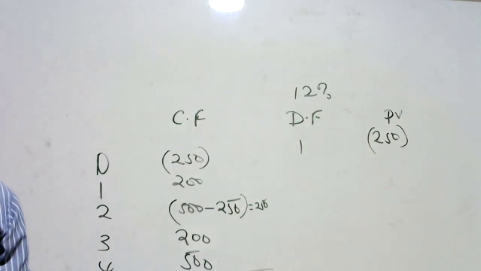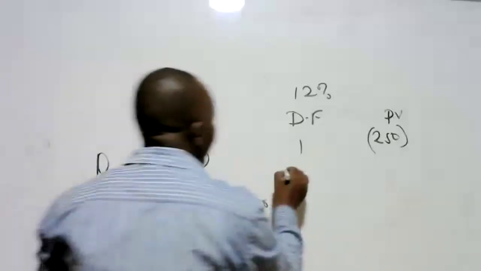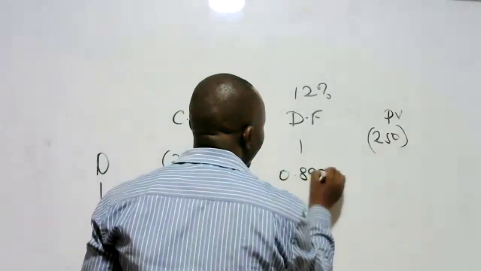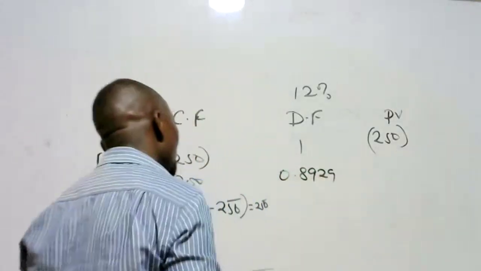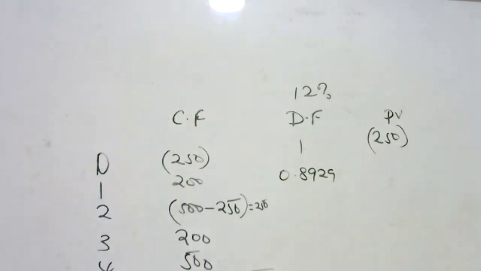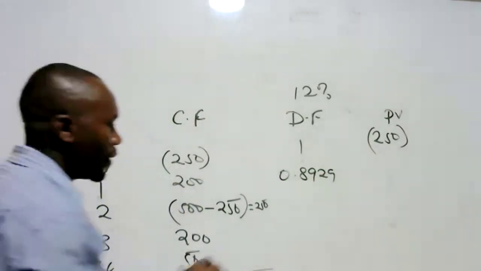Discounting factor? Year 1, 0.8929. Year 2? 0.7972.